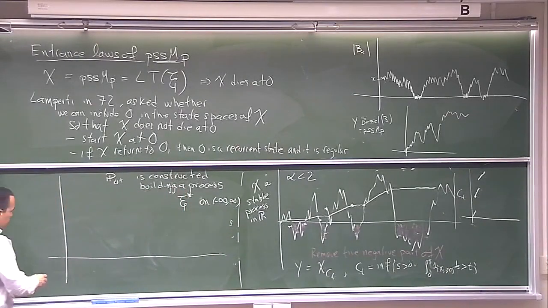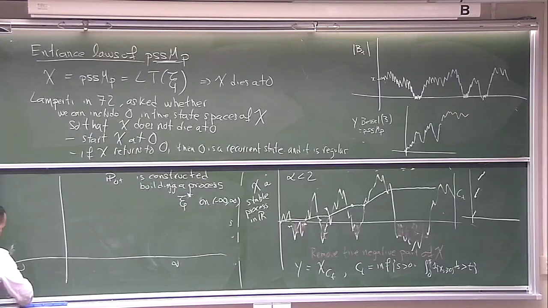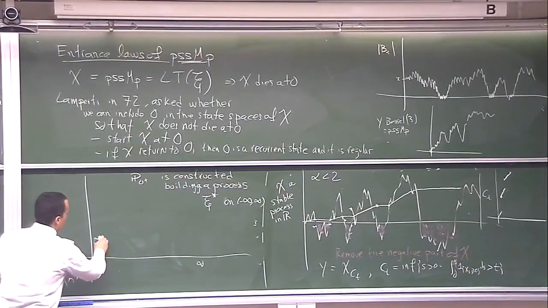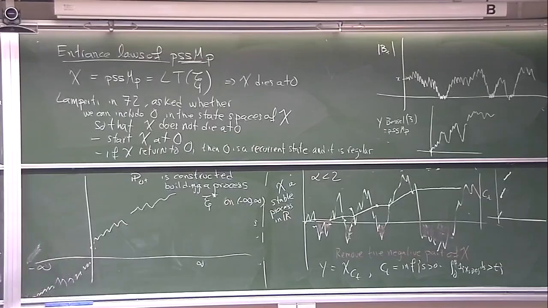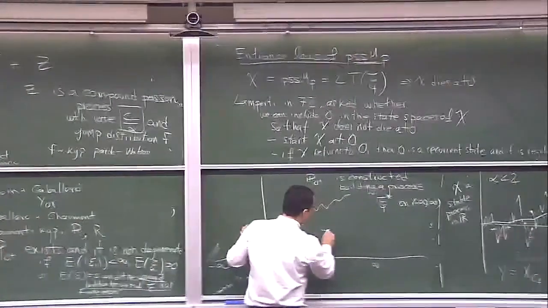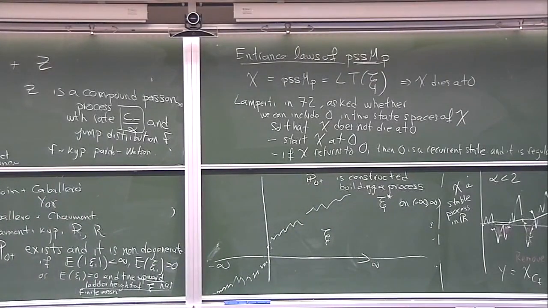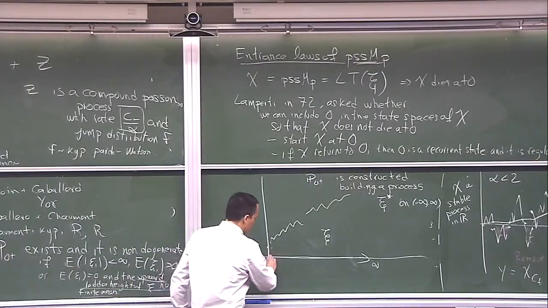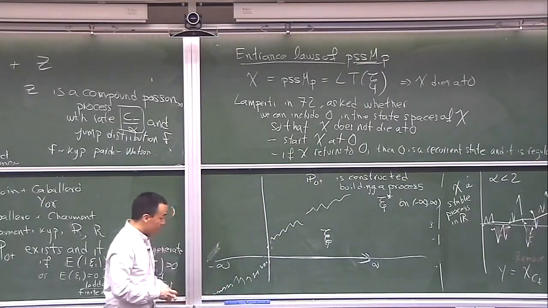Here we have minus infinity, here we have plus infinity, and it should be coming from minus infinity and then go to plus infinity. On the right-hand side, because I observe just a path of x, this should look like psi.